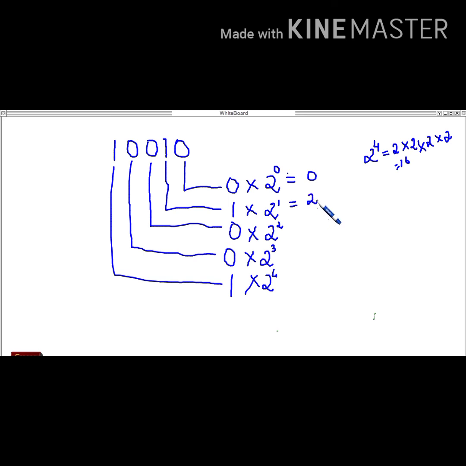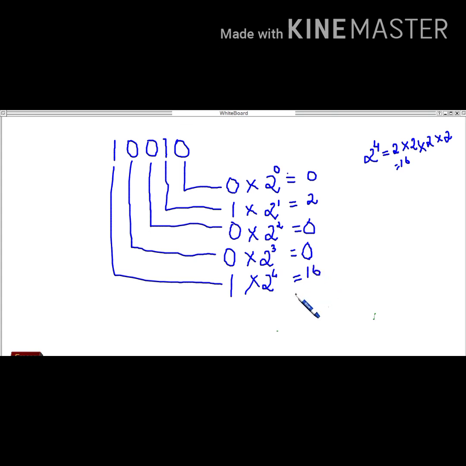Next, third line, 2 to the power 2 means 2 will be multiplied 2 times. 2 into 2, 4. 4 into 0, 0. Next, 2 to the power 3 is 2 into 2, 4. 4 into 2, 8. 8 into 0, 0. Then lastly, 2 to the power 4. Answer is 16. 16 ones are 16.